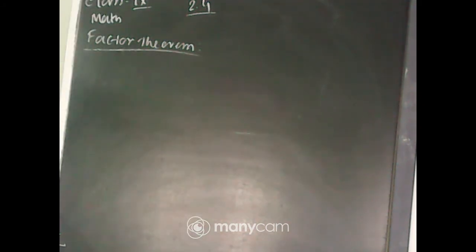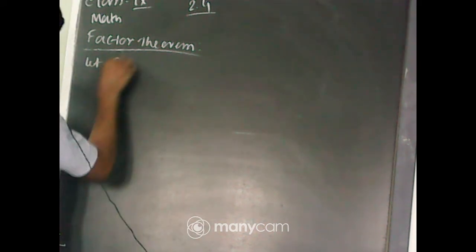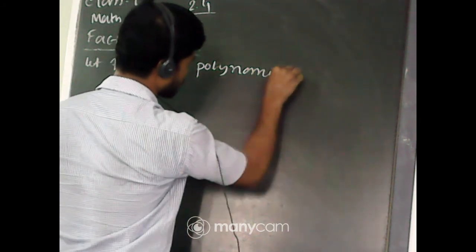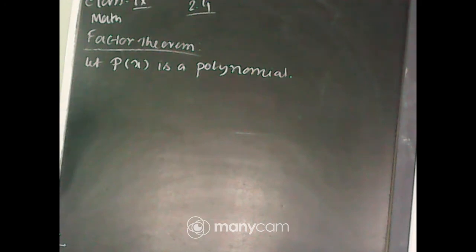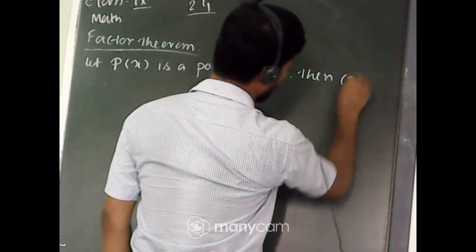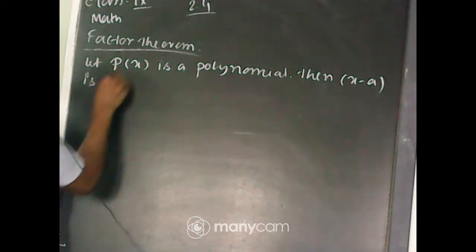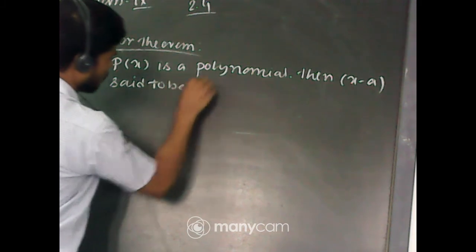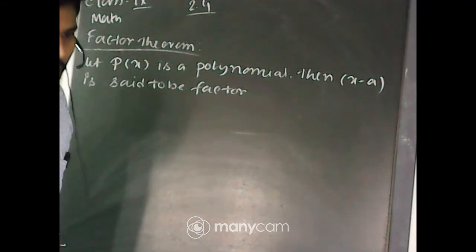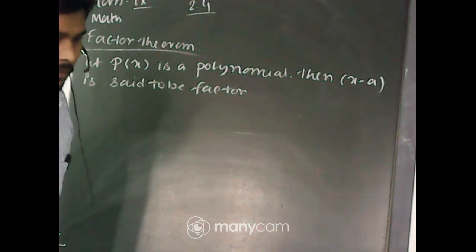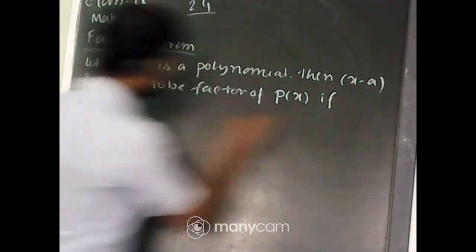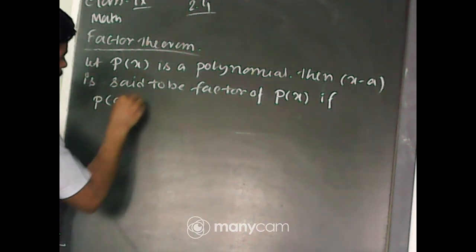What is the factor theorem? Now I'm just giving you the definition. Let p of x be a polynomial, then x minus a is said to be a factor of p of x if p of a is equal to 0.